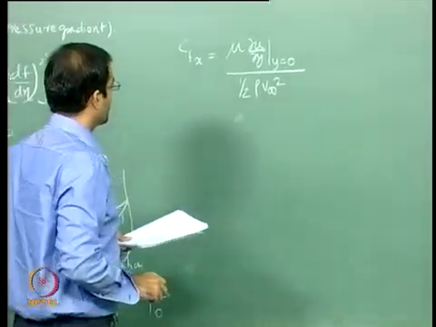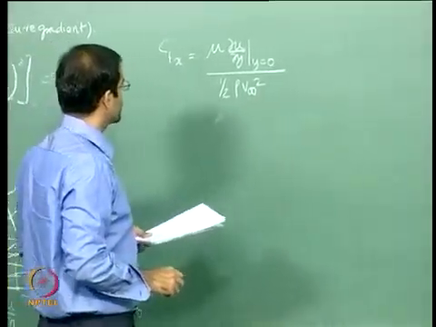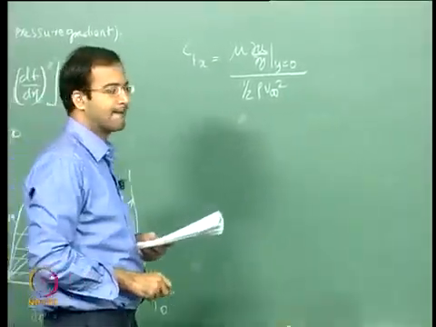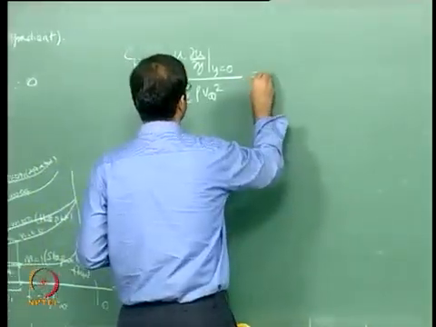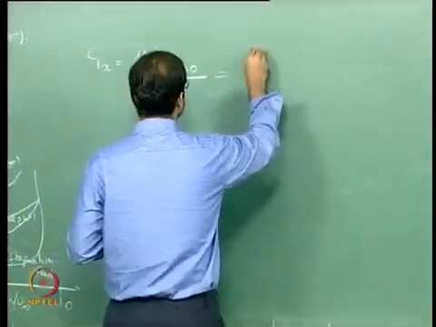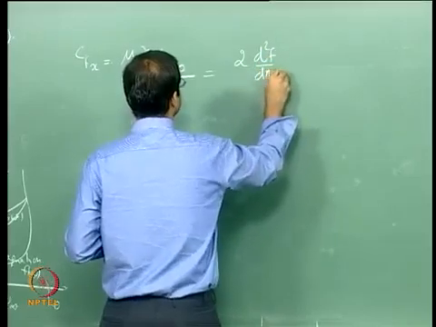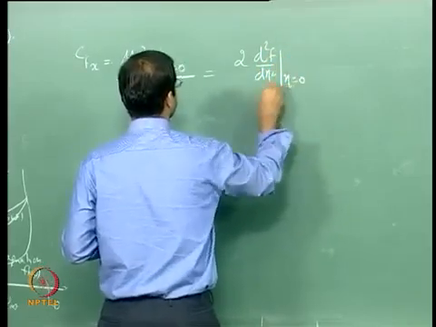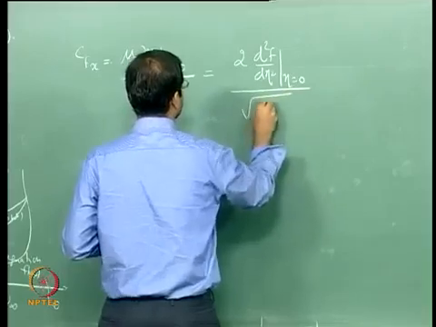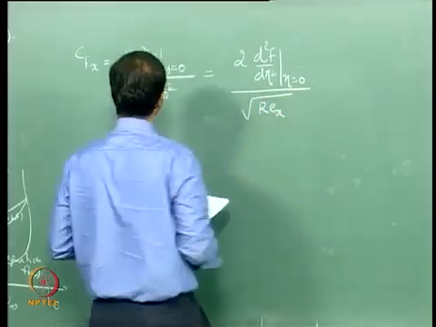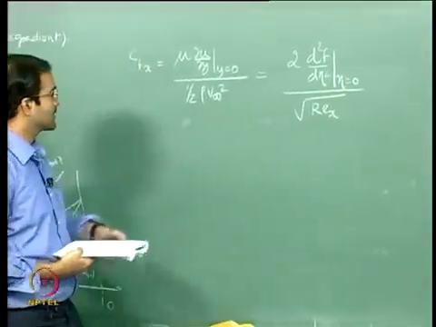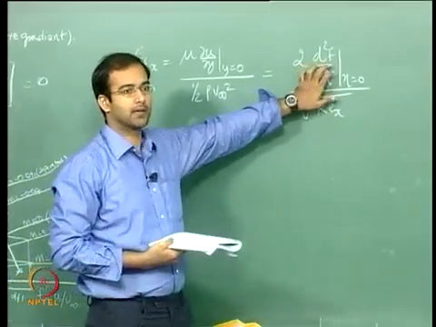Now if you substitute everything in terms of the similarity variables, you will get an expression in terms of f and eta. So this depends on the curvature at the wall, this by now you all know.